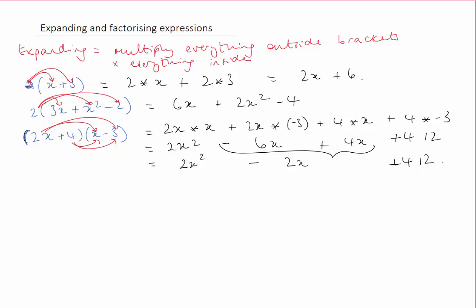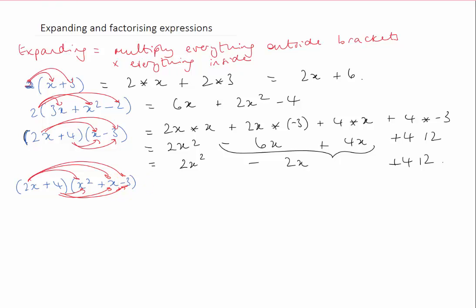And let's look at some more complicated examples. So for instance, if we've got 2x plus 4 times x squared plus x minus 3, we just have to do the same thing, multiply each part with each other part.